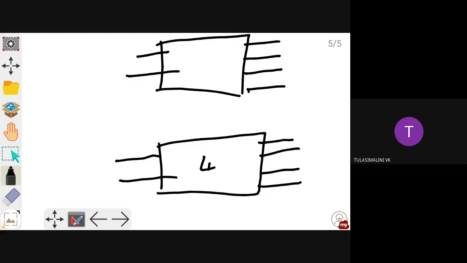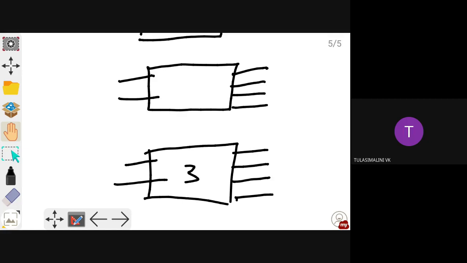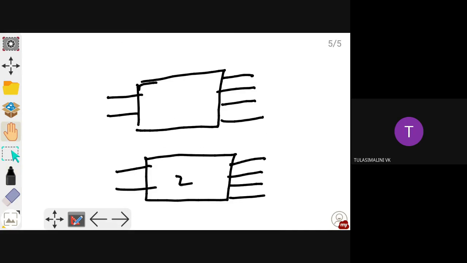So this is the fourth one, this is the third one. Here write 2 to 4 line decoder inside. Then this is the second one and this is the first one. So you are going to give only 2 inputs, and produce 4 outputs, okay?